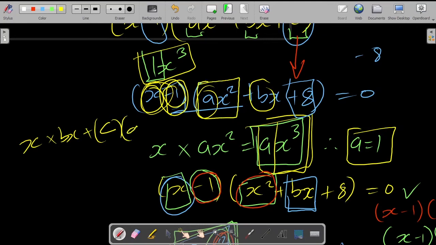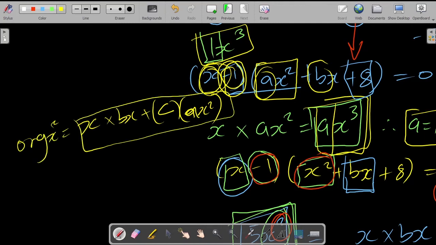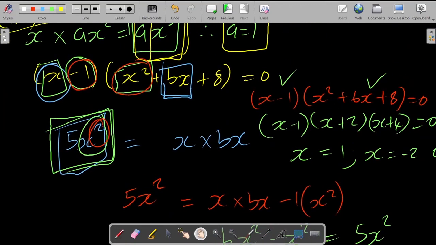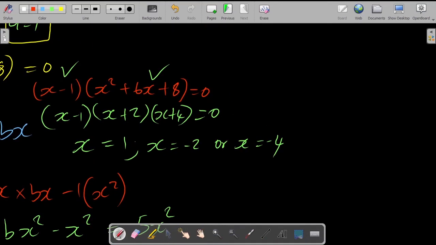That would also contribute to your x squared, which is in the original. So you basically equate your original x squared to this contribution, which is x multiplied by bx added to the constant multiplied by ax squared, which is what we did already. And then you'd now find your b, and you now have all your factors. After getting your factors, you then factorize and find your answers.